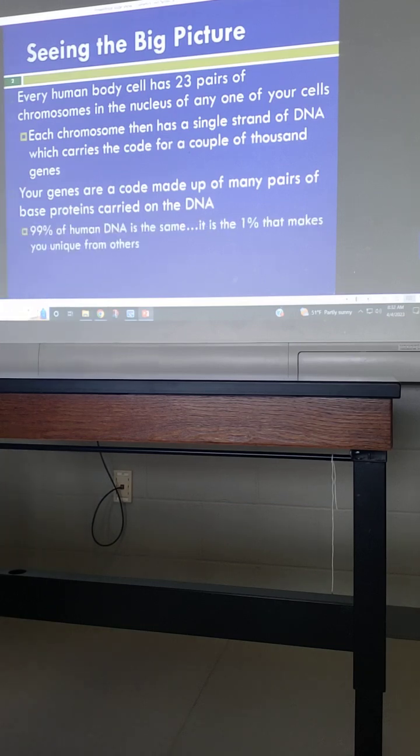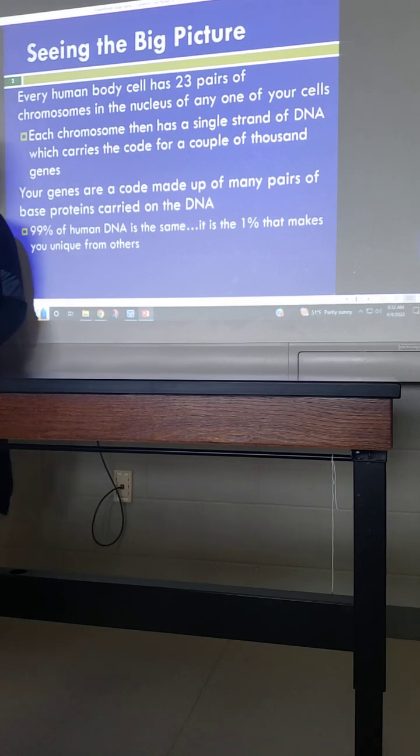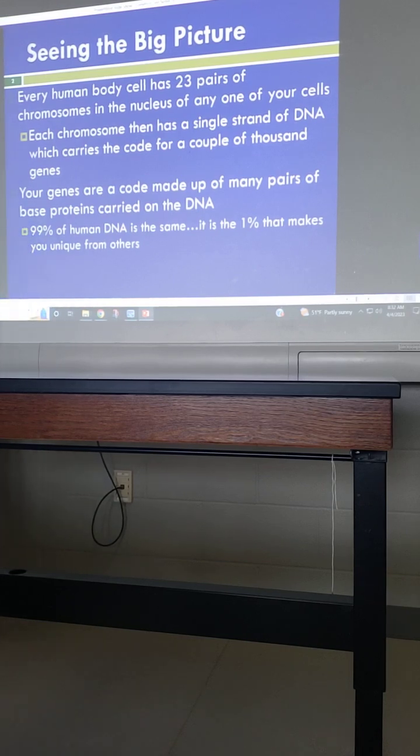And 99% of human DNA is actually the same. It's that 1% that makes us unique from each other. That's usually a shocking percentage. If more people would look at it scientifically, I think maybe we would have less social issues.